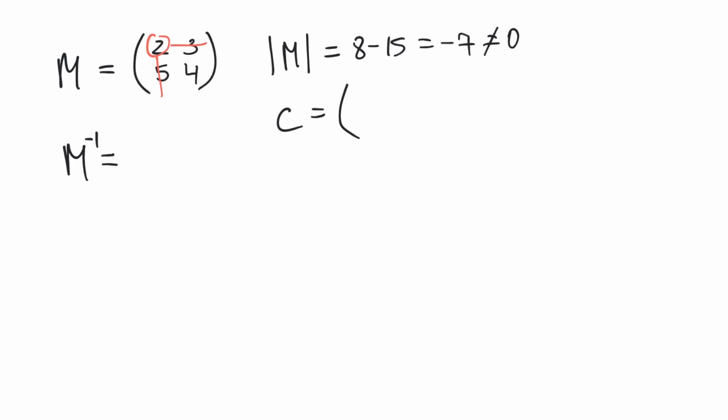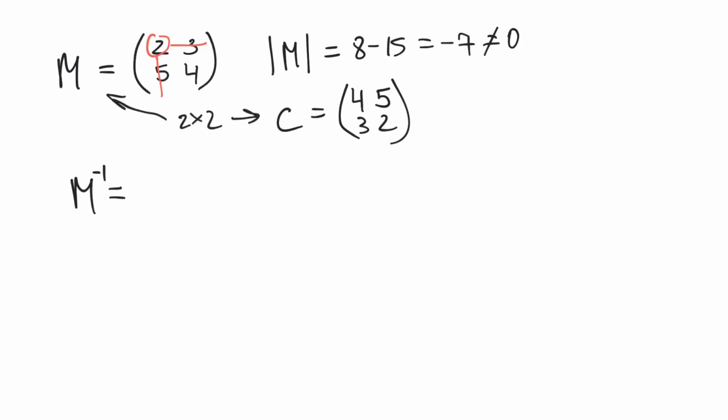So the coefficient matrix is going to be the same size as the original matrix, and in this case, our coefficient matrix, we'll call it C, equals 4. So we cross out the first row and the first column, and we get 4. Then we do the same for 3, and we get 5. So it's 4, 5, and then for the second row, it's 3 and 2.